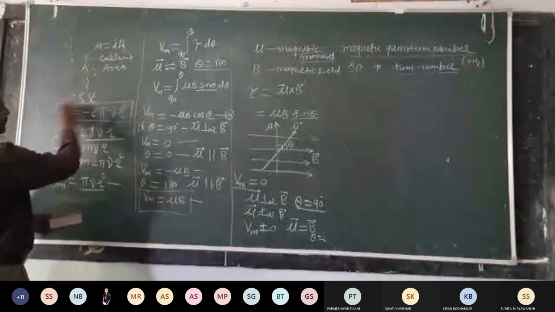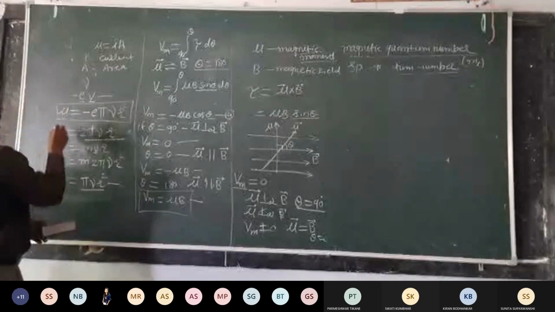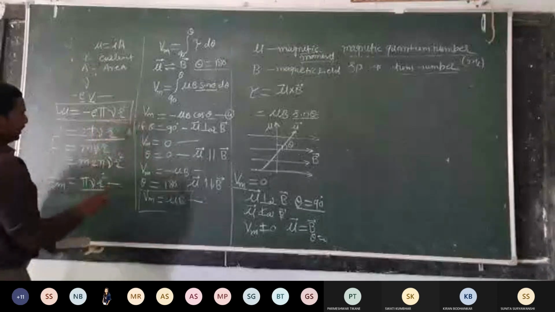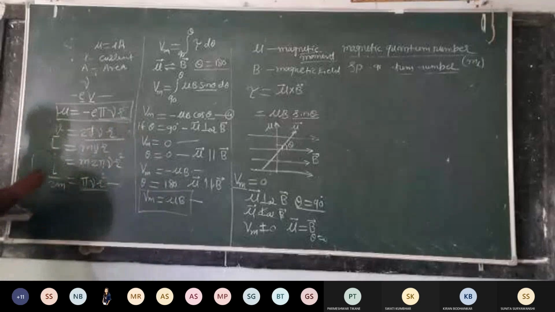Here see, this is the current. Mu is equal to e pi nu r square, so write this pi nu r square.